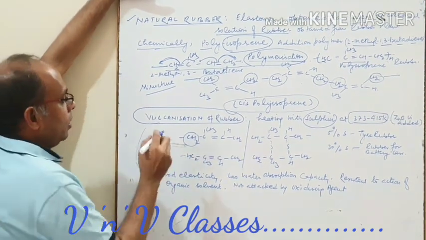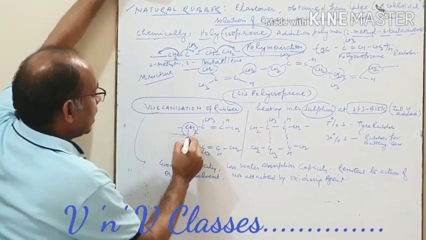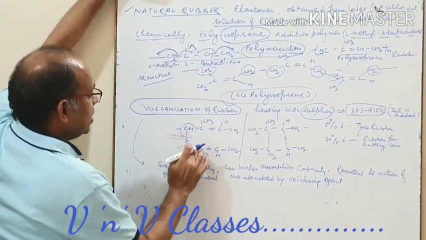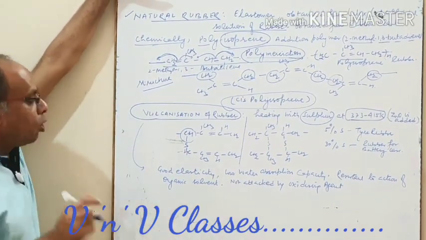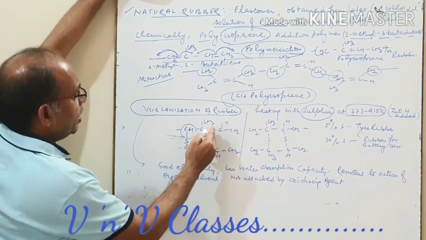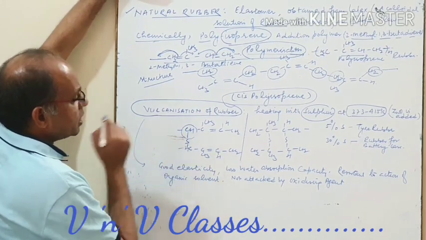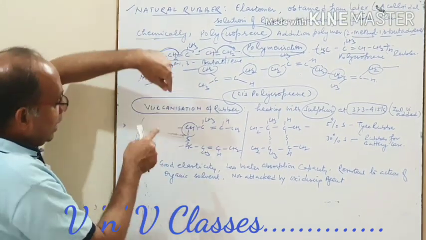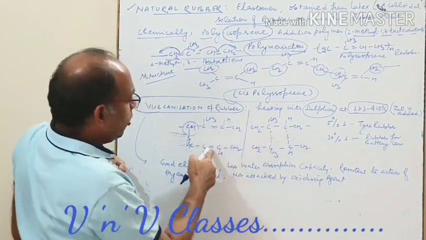So there is formation of a bond by sulfur at this allylic carbon. One H is lost. It develops the crosslinks. I hope you got it. The carbon next to the carbon having the double bond. जिस कार्बन पर डबल बॉन्ड है उससे नेक्स्ट कार्बन एलिलिक, तो एलिलिक कार्बन पर सल्फर अपना बॉन्ड बना सकता है. Now it develops the crosslinks, or sulfur can attack the double bond also.